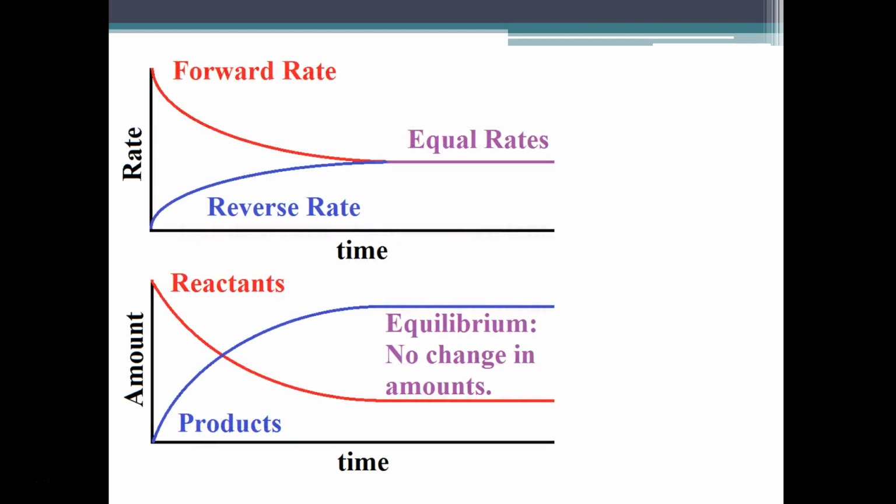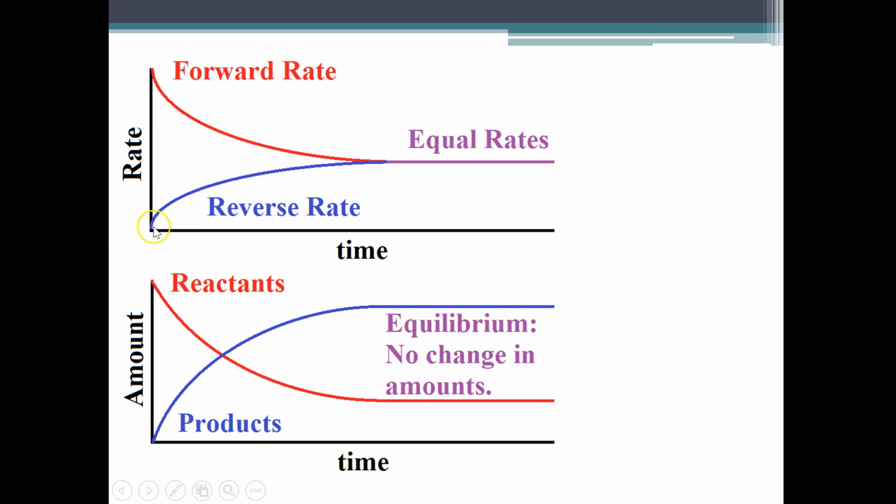So we can look at equilibrium graphically. The first graph we have here is the rate of the reaction over time. At the beginning of the reaction, all we have are reactants. We have not yet combined the reactants, so we do not have any products. Once we combine our reactants, the rate of reaction begins to slow down for the forward reaction because the reactant particles are being used up to make products, and so there are fewer of them available to collide.